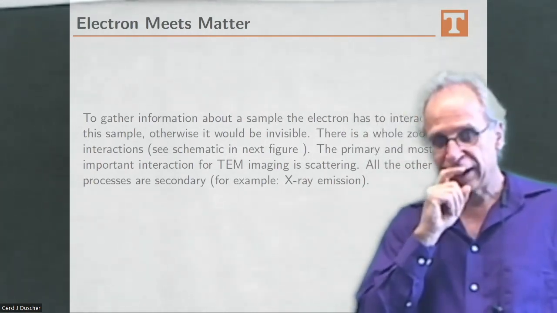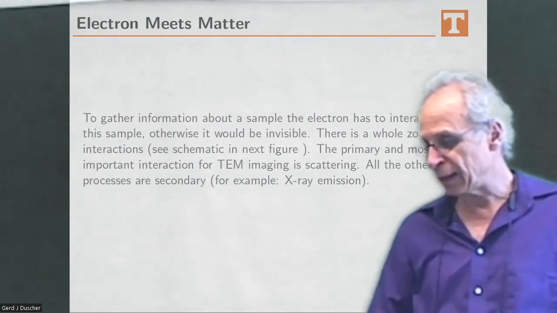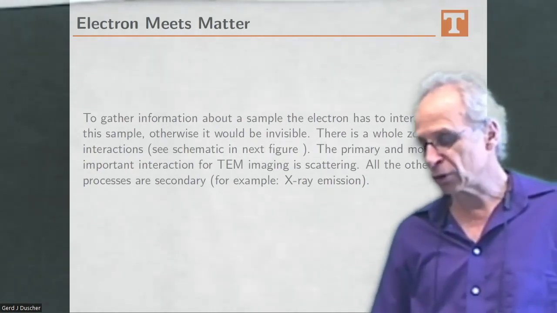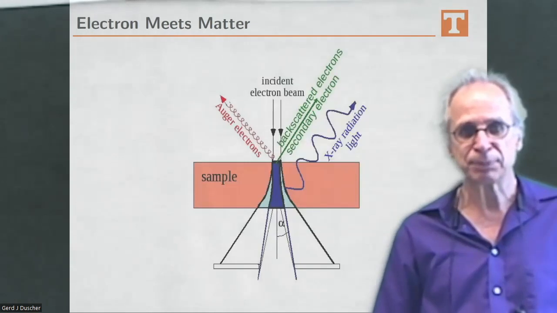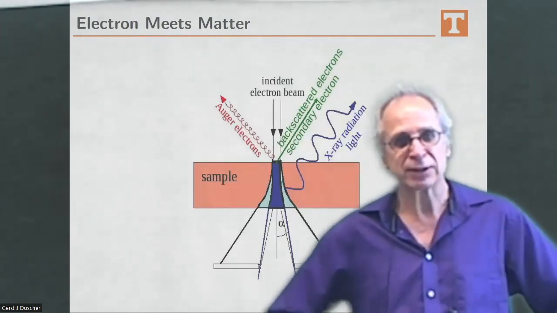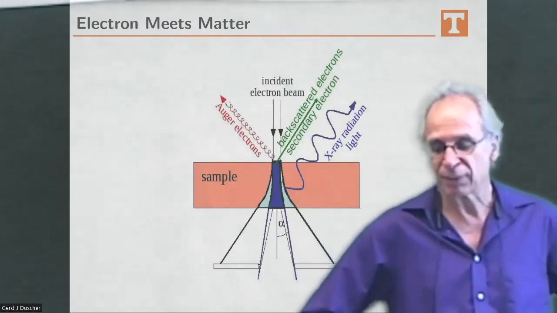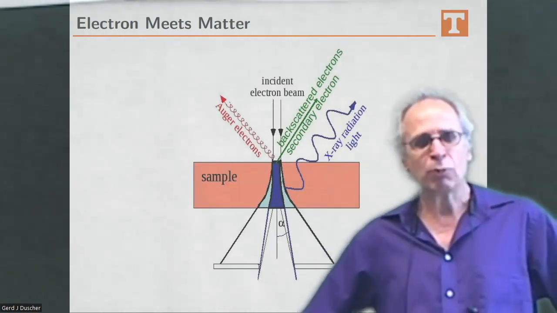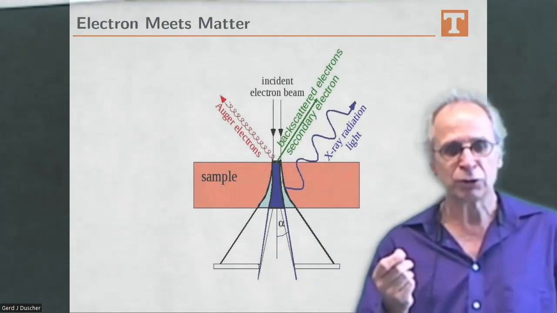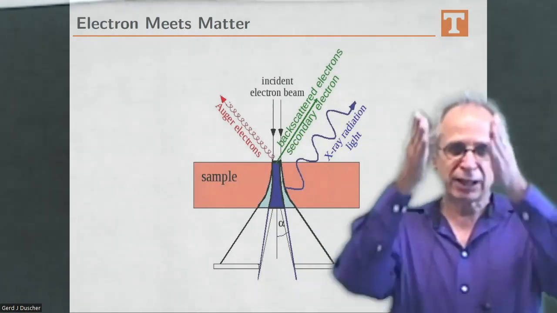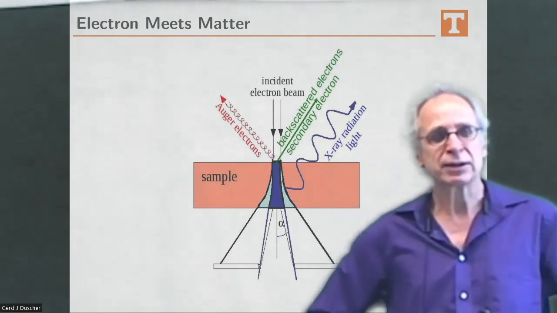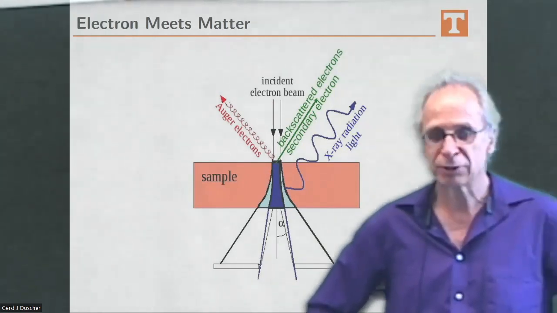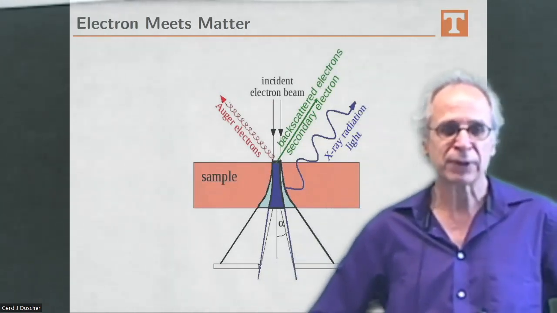There are a lot of interactions happening, and the most important one is scattering, and the other ones are inelastic scattering. That determines how big of an interaction volume you have, right? So let's assume a single electron comes in straight to the sample.